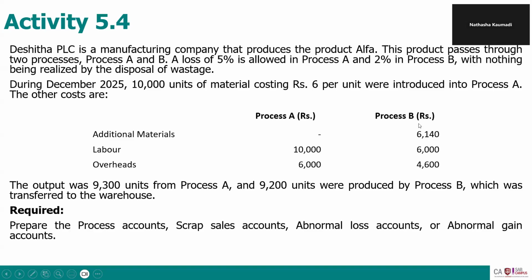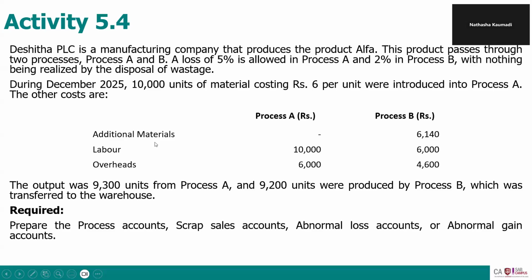Now, you were having only one process in the previous three activities, but now you have two processes here, process A and process B. Are you going to put additional materials in process A? No. But in process B, yes, you're going to put additional materials. The value is there. And then the labor cost, overhead cost separately given for process A and process B. Output was 9,300 units from process A and 9,200 units were produced by process B, which was transferred to the warehouse.